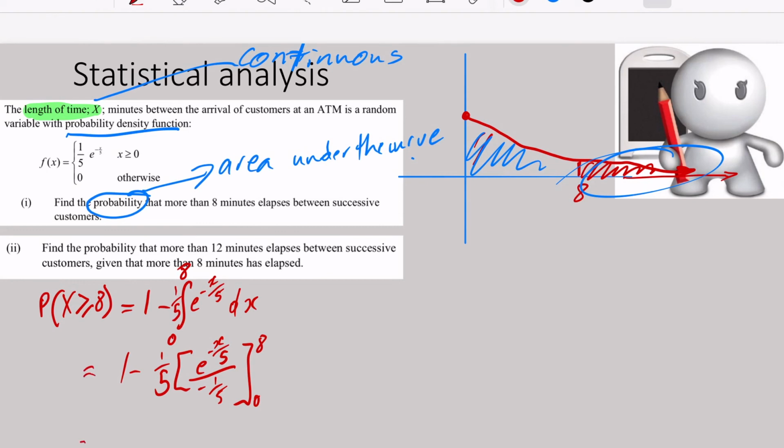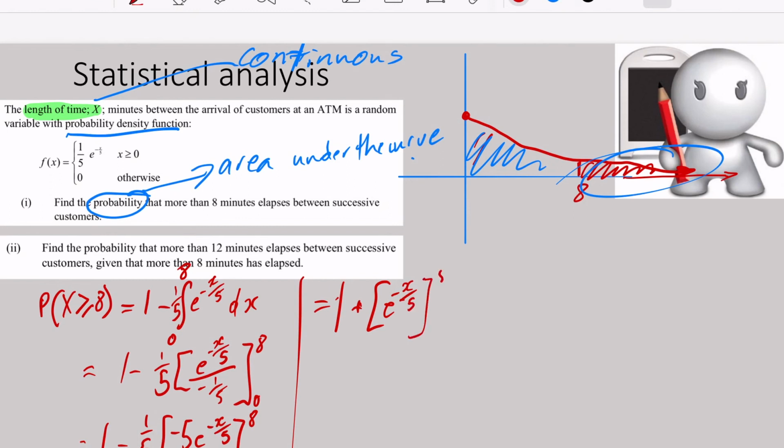So that's 1 minus negative 5 e^(negative x on 5) from 0 to 8, which gives us 1 plus e^(negative x on 5) from 0 to 8.